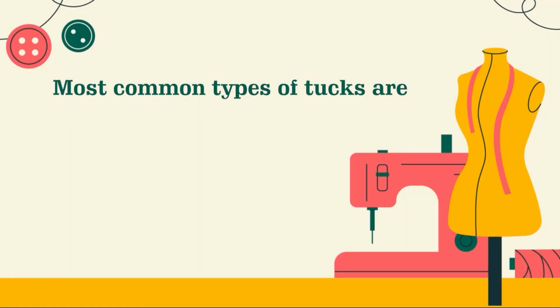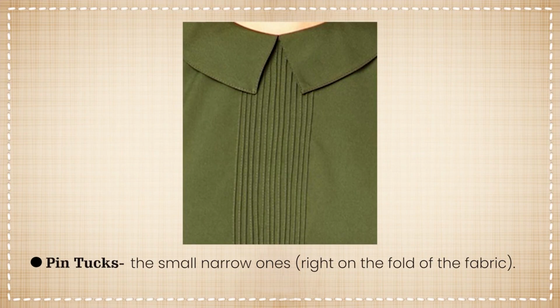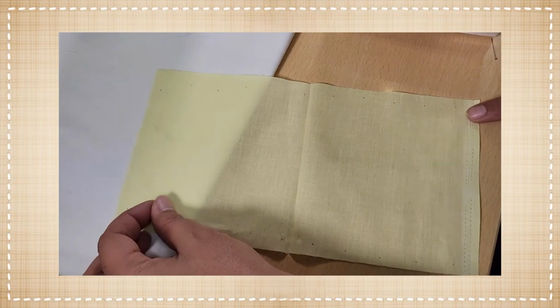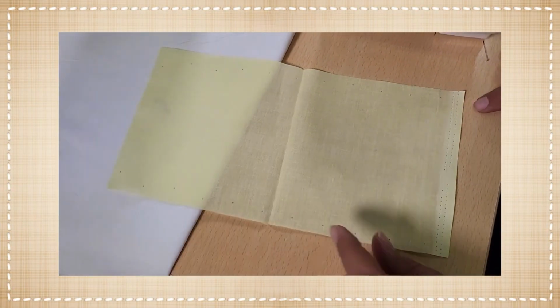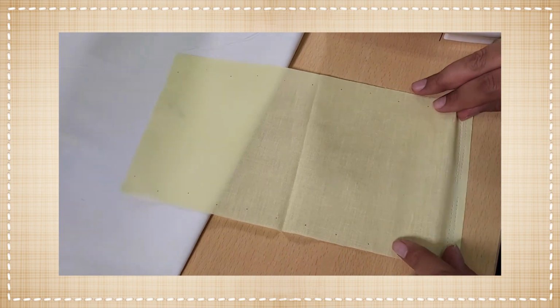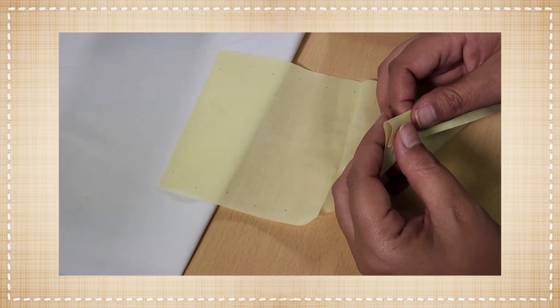There are various types of tucks. The most common ones are pin tucks, which are small, narrow ones, placed right on the fold of the fabric. I'm going to show you how to make pin tucks. Pin tucks are very close, very thin tucks.